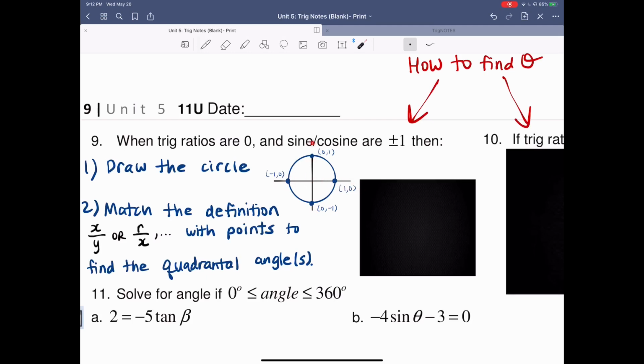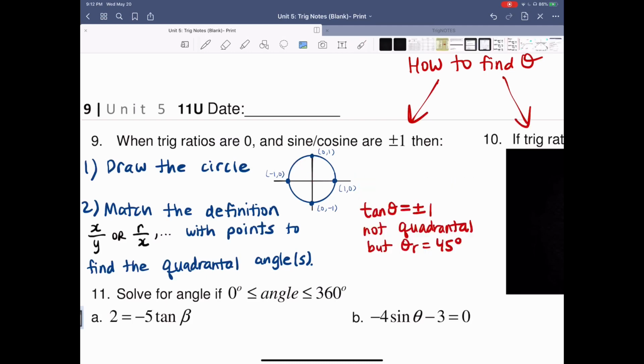If you have a line this way, well, that's a vertical line, and you're going to get tan undefined for that. When you're going to get tan 1 is this. When it has a positive 1 as a slope, that is when tan is equal to 1. And what angle is that? Well, that angle is 45 degrees. For negative 1, it's going to be over here, and it'll have a related acute angle of 45 degrees.